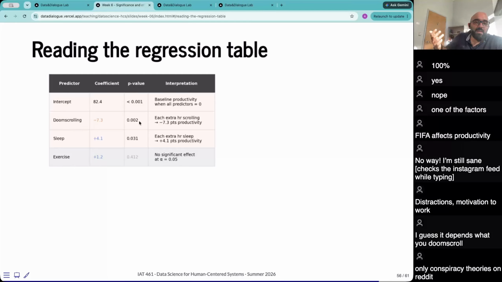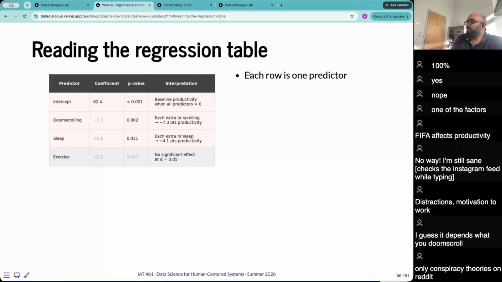I think it's not that likely. For sleep, you might see a 0.3, which says it increases productivity the more you sleep. And for exercise, you might see a coefficient, but the p-value might not be significant. So you think, oh, this might be due to chance.